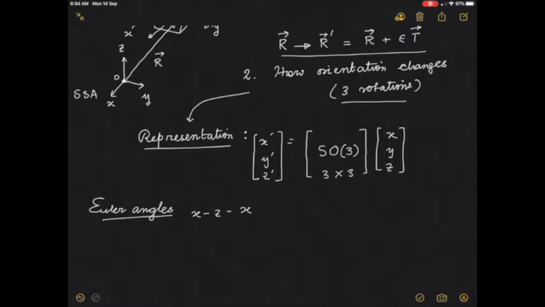And this we wrote in the following way: the total rotation matrix, if I call it T, the x rotation, so let me write a superscript x over there, is about theta. Then I have the z rotation, which is about say phi, and then I have an x rotation again, which is about psi.